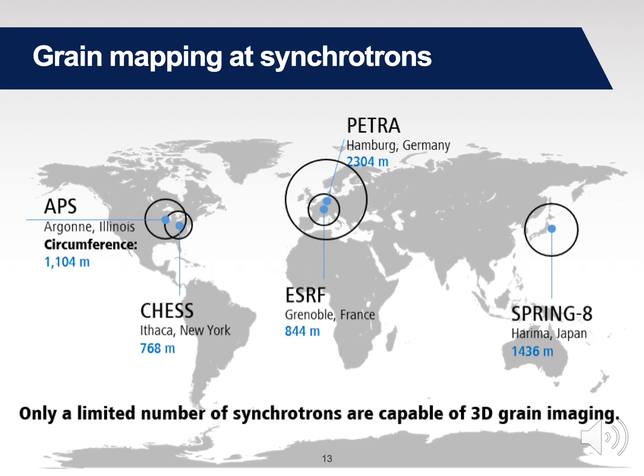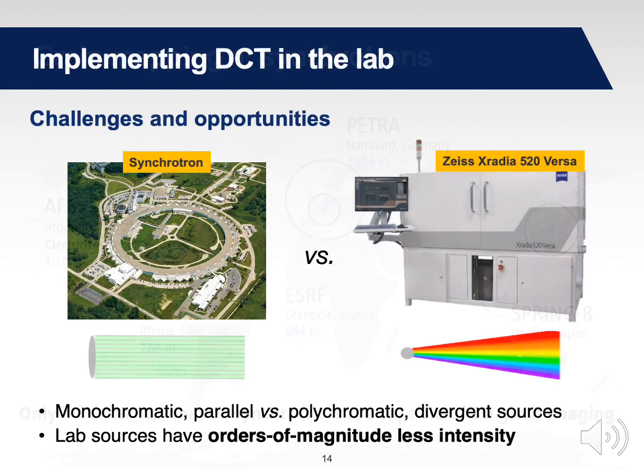And so there is this limited window of opportunity to conduct experiments at such facilities. To our advantage, we have access to diffraction contrast tomography in the laboratory, which presents its own challenges and opportunities.